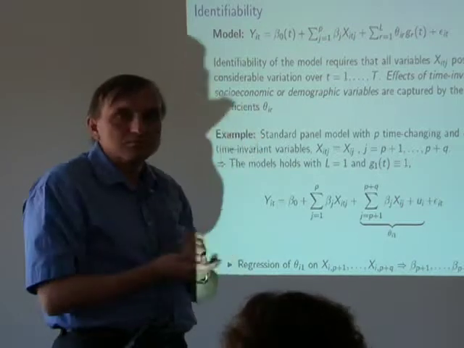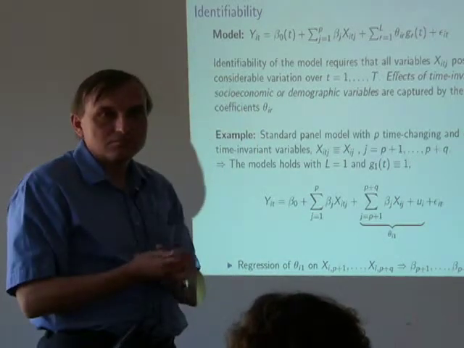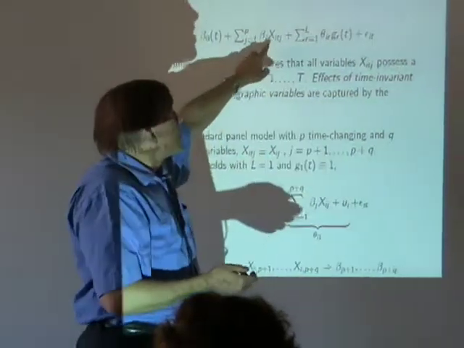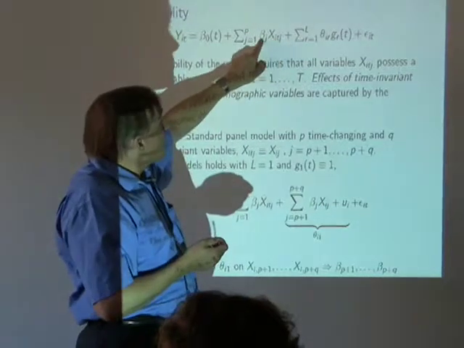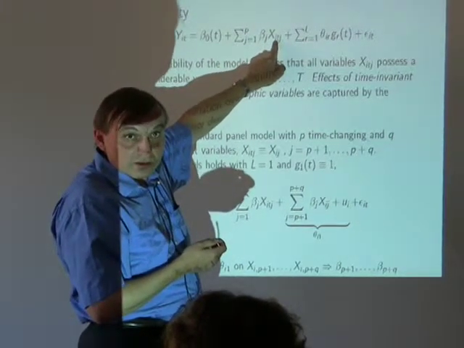So you can read it like the first part is common to all observations, to all curves. But that's not quite true, because the betas are common, but the x's change by individuals. Exactly.